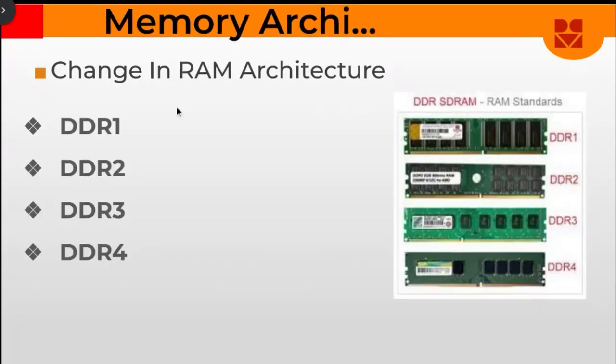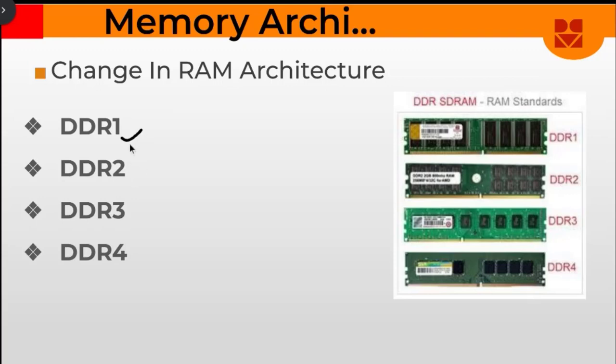Now, while the CPU architecture keeps changing, let's not forget that the computer memory holds the information temporarily for the CPU. So the processing speed of a machine does not only depend on the processor, but also on memory, how fast the data is being transferred from the memory to the CPU and back. So the memory architecture had to also change, and it did change throughout the years.